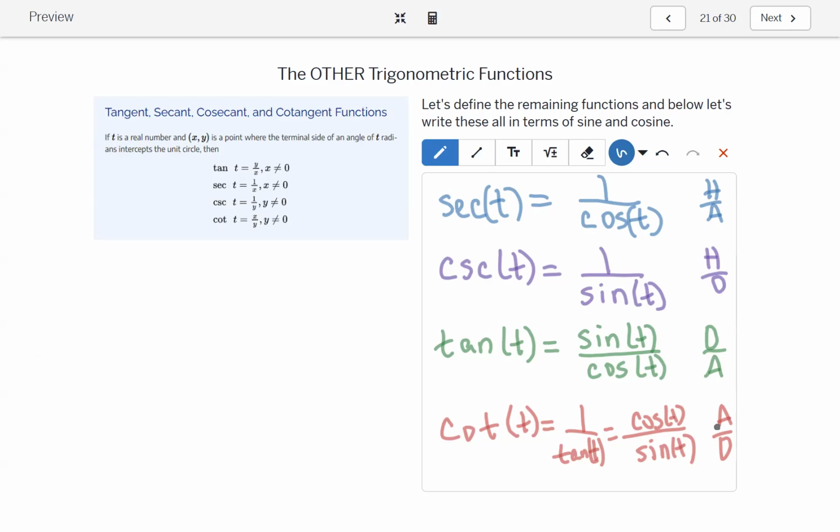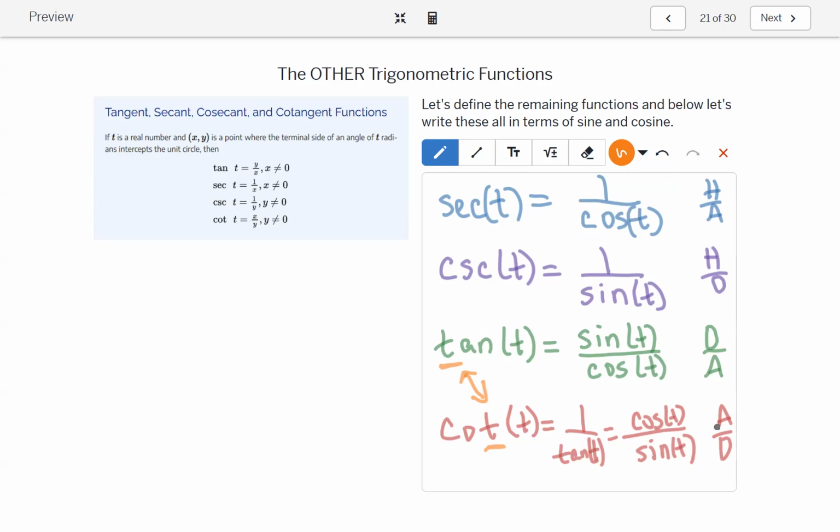Cotangent has a t in it. Tangent has a t in it. So that's one of the ways I remember that cotangent is the reciprocal of tangent. So tan and cot, those guys are reciprocals.